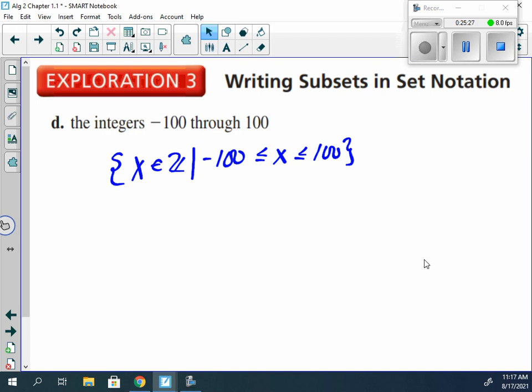And that's it. That's all we have to do, because we're just writing the negative 100 through 100 as an inequality, because we're talking about those two as the endpoints and everything in the middle. And that is it. Any questions on this here?